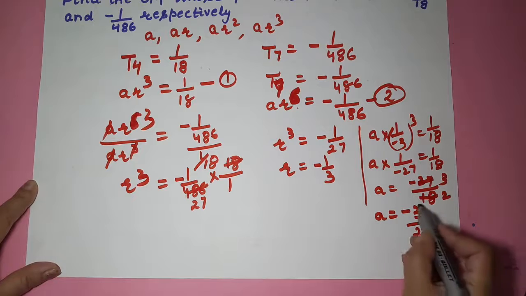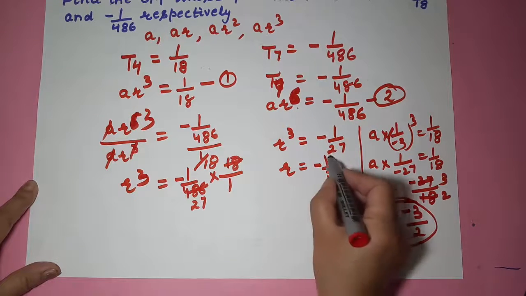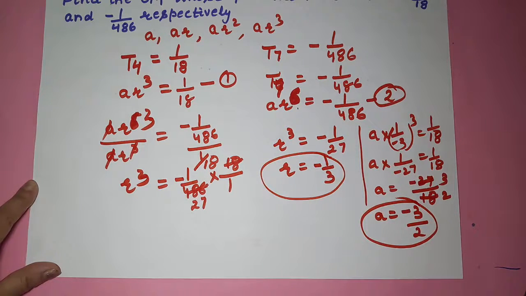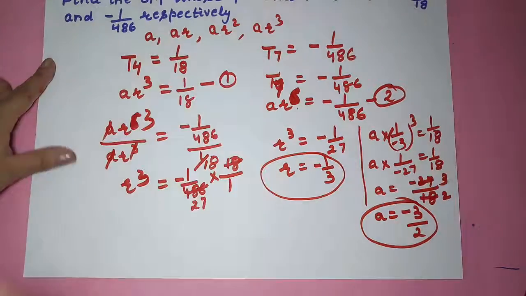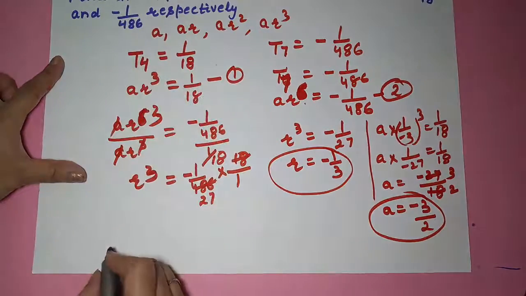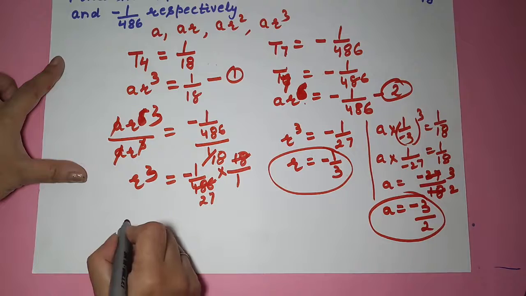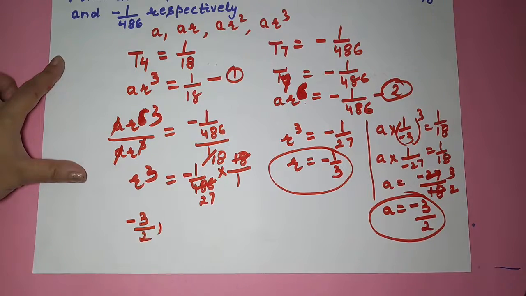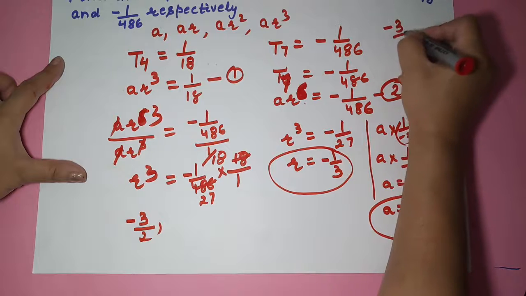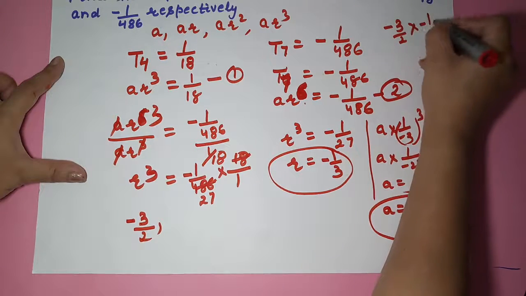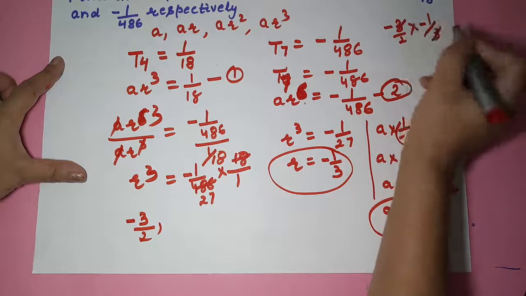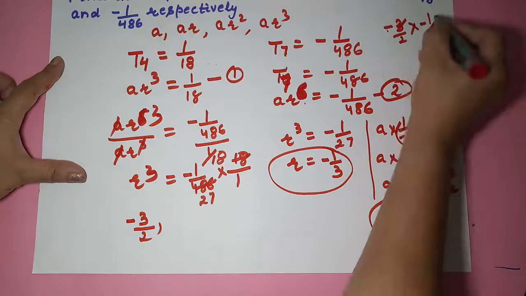Now using the values of A and R, we can calculate the GP series. First is A, which is minus 3 by 2. Second is AR. A is minus 3 by 2 and R is minus 1 by 3. This and this will go, minus and minus will become plus, so 1 by 2.